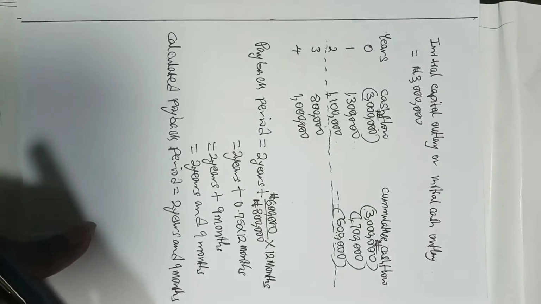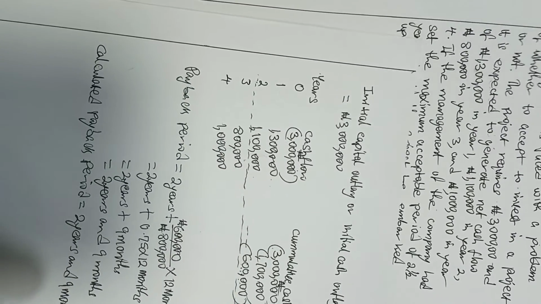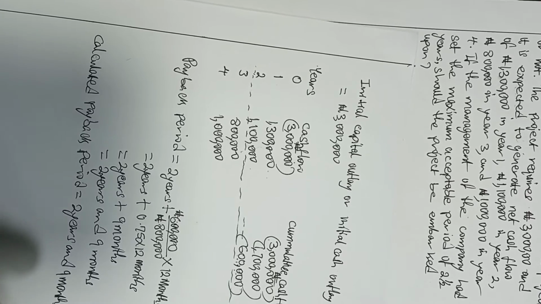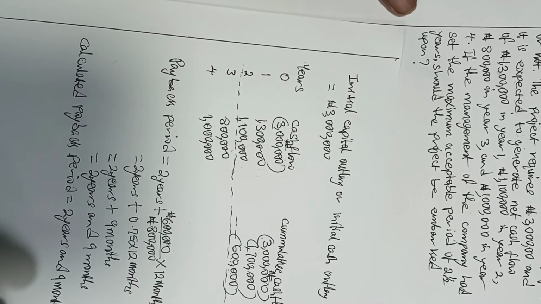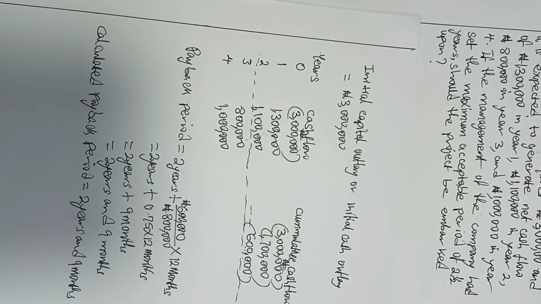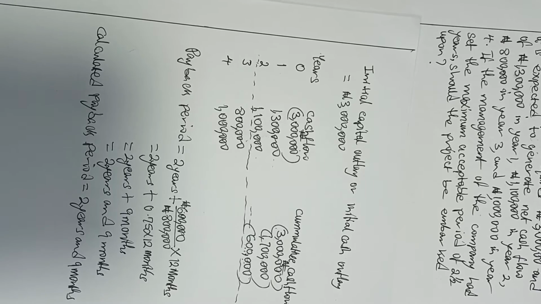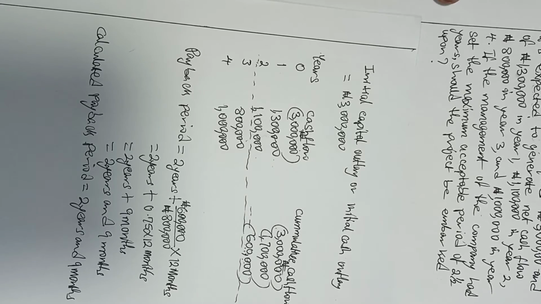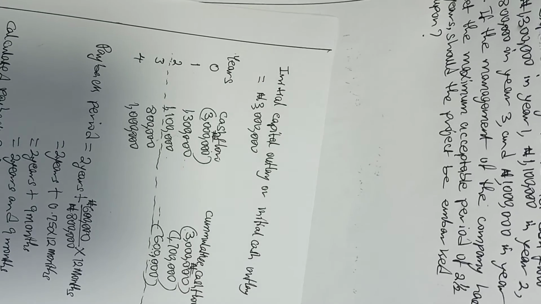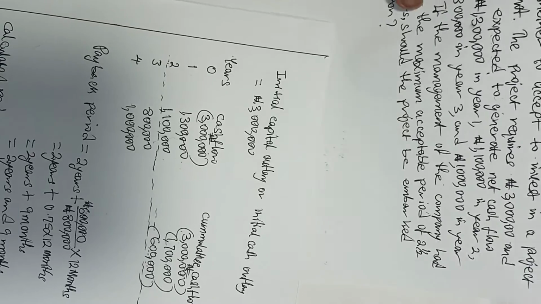So let's check whether the project should be accepted or not. As you can see, we are having only one project here. So the decision rule will be: accept the project if the calculated payback period is less than the company's maximum acceptable payback period.